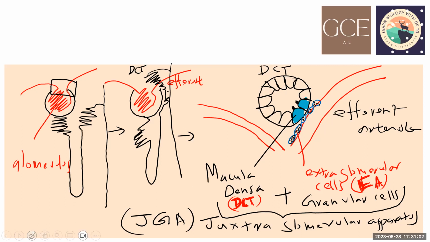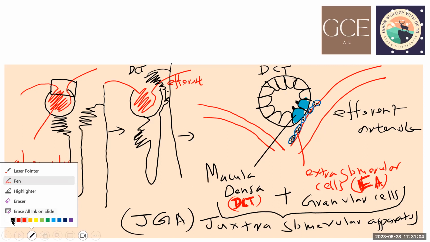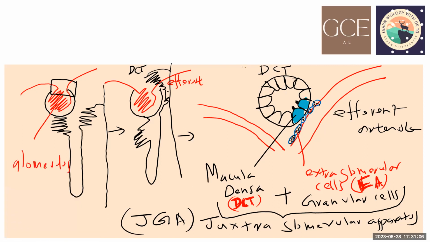So I just write this as 1. Because it's a process, we start with 1, 2, 3 like this. Number 1: solute, volume, pressure.